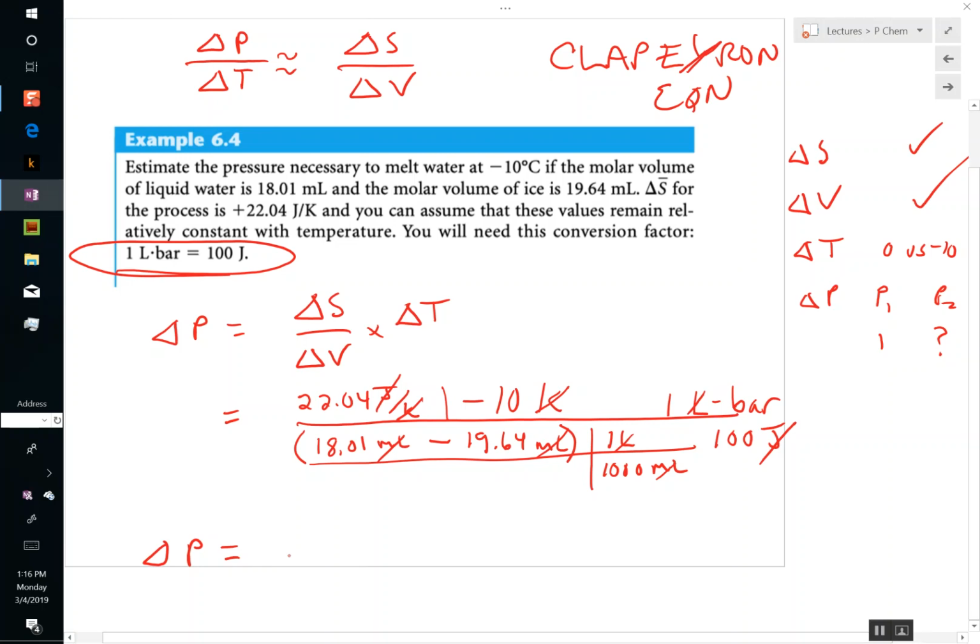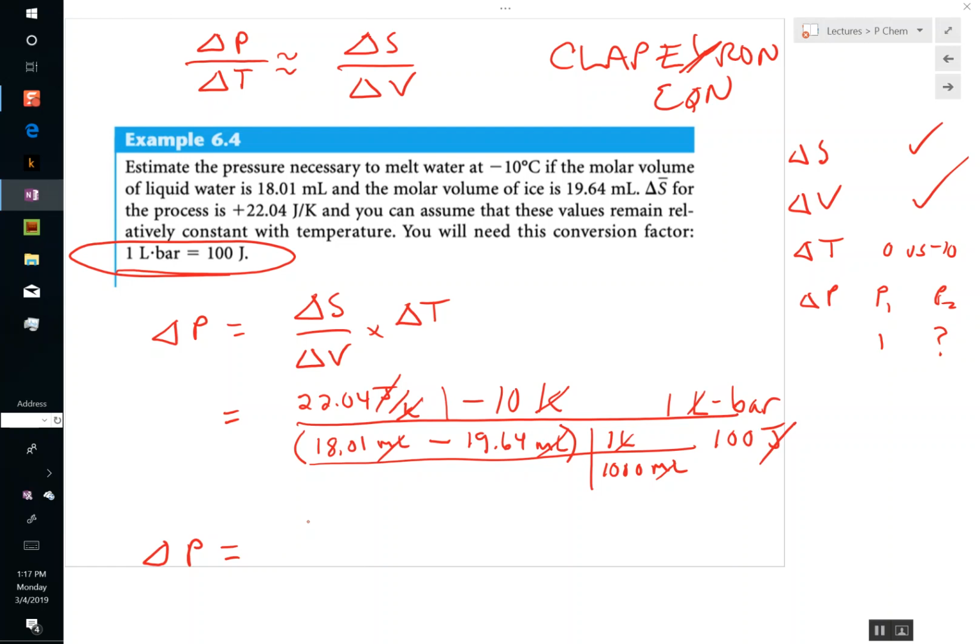Are you getting something like, what are you getting? Negative 355. I got 338.6. 338.6 bars? How are you getting a positive number? What temperature did you guys use? Just minus 10? 263. Why is it 263? It's a negative 10.